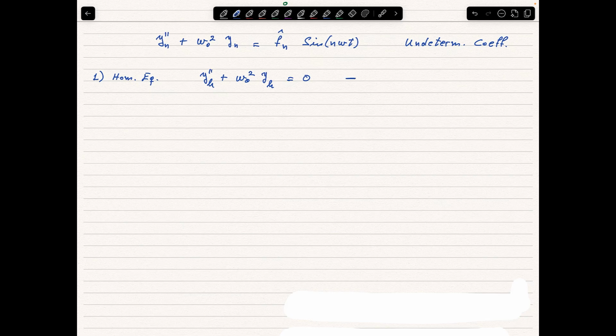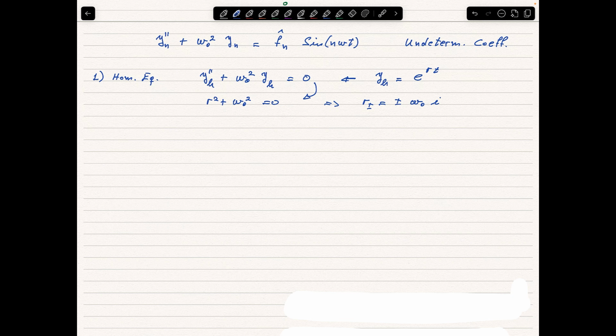How do we solve this problem, which is the same for every n? There is no n in the equation. Well, y homogeneous is an exponential e to the rt, and that gives us the equation. The equation is r squared plus omega 0 squared equals 0, and we put it on the other side, so r squared is negative. That means that r plus minus is nothing more than plus minus omega 0 i.